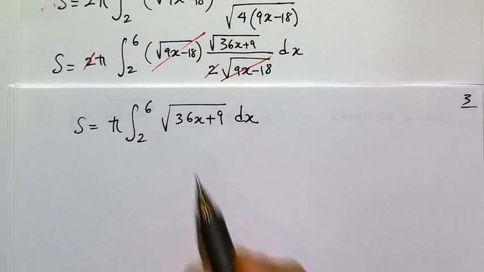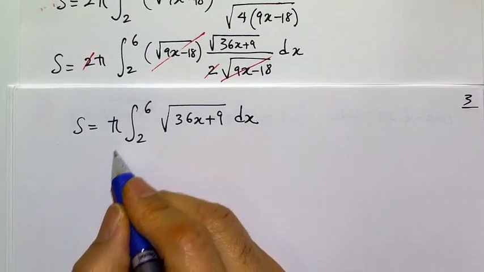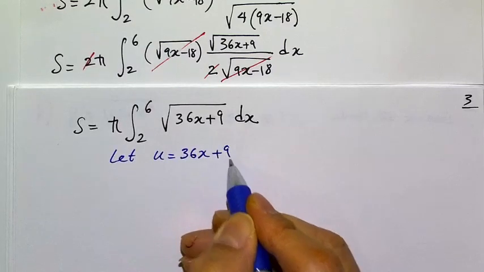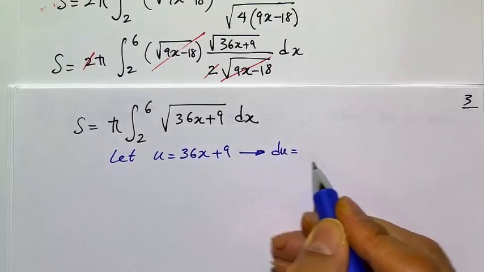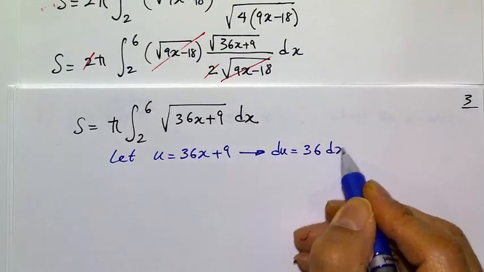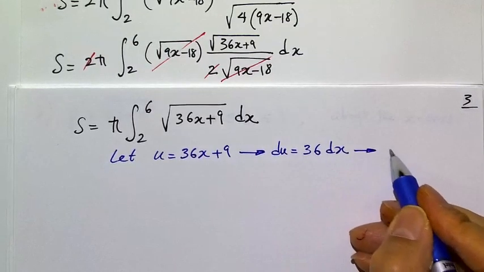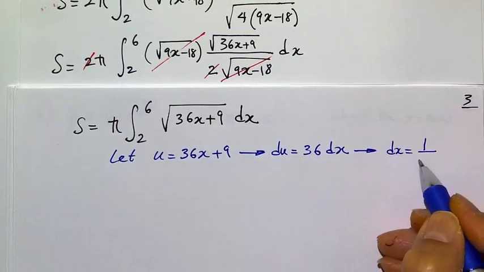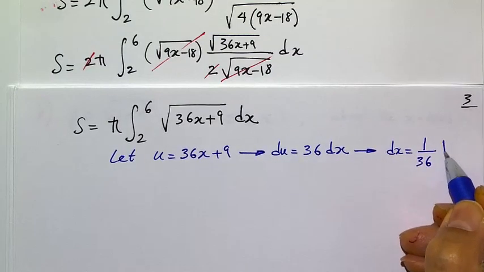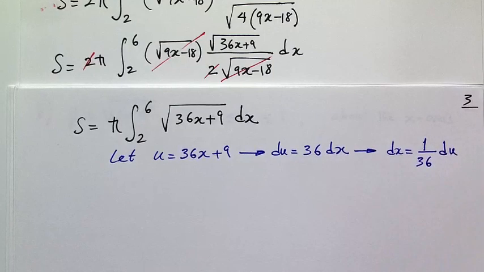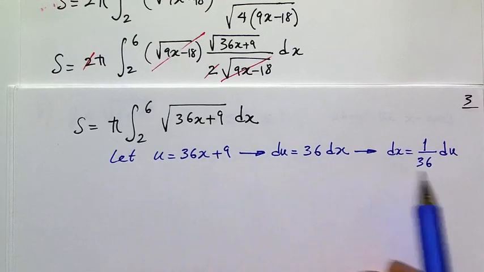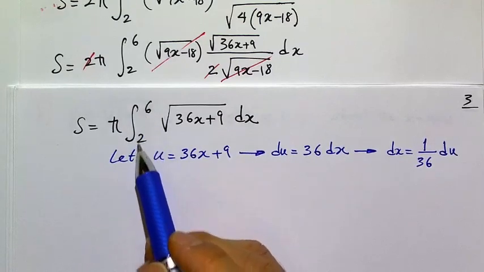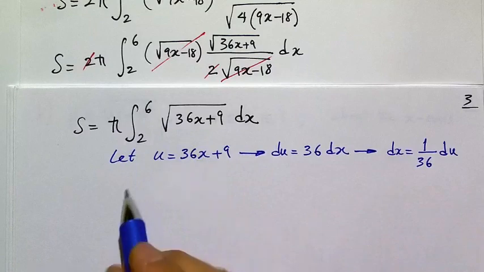Now that we can use substitution, let u be 36x plus 9. So our du would be 36 dx, which means dx is equal to 1 over 36 du. Since we're using this substitution, we have to figure out the new limits of integration for the variable u.